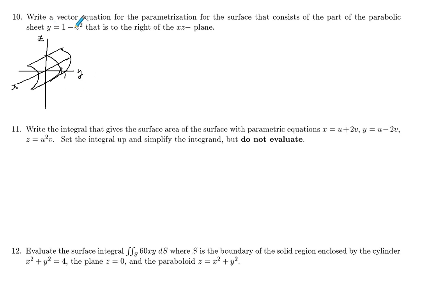Since y is written in terms of z, z is going to be one of our parameters, and then y we write in terms of it. And then we're going to have two parameters here. Since y depends on z, that's going to imply that z is going to be a parameter.